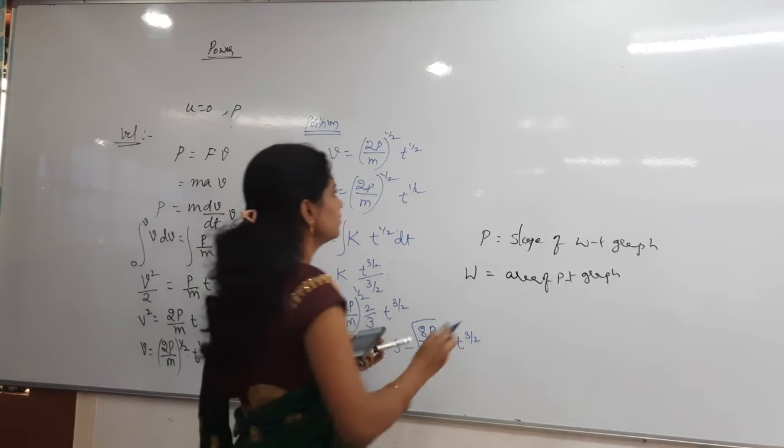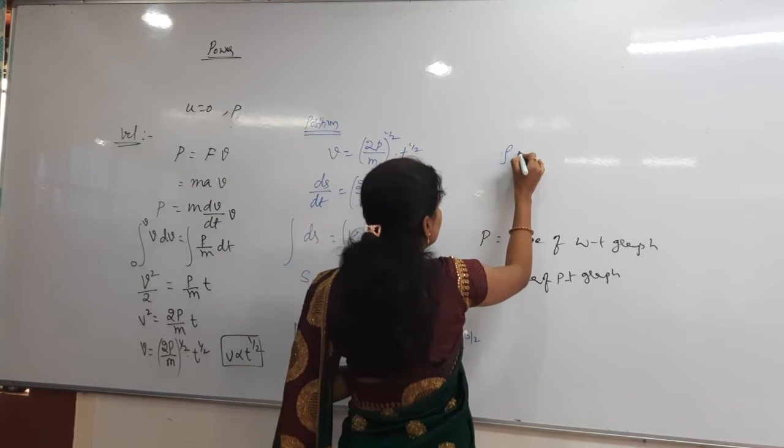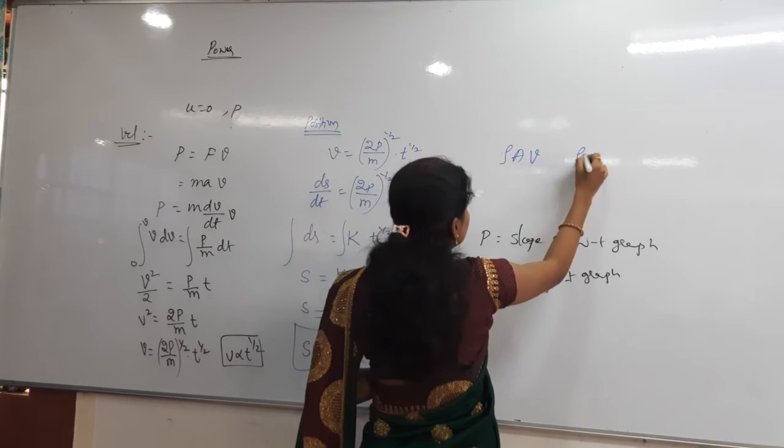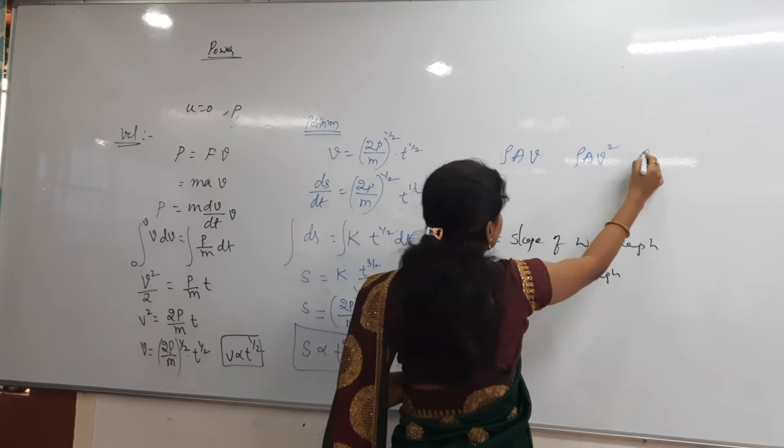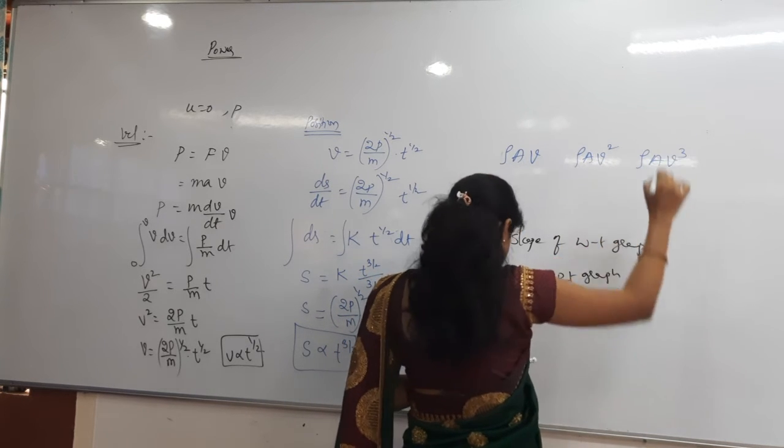Your options are rho into A into V, rho into A into V square, rho into A into V cube.